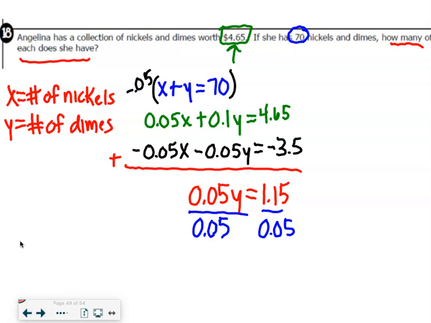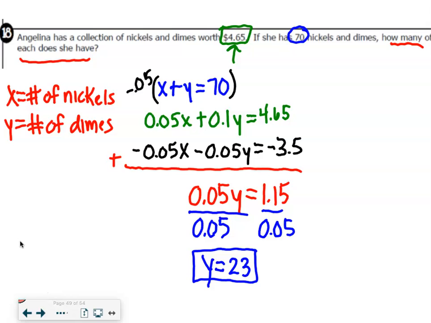Okay. When we divide out, 0.05 goes into 1.15 23 times. So we have 23 dimes. Now let's figure out how many nickels we have.